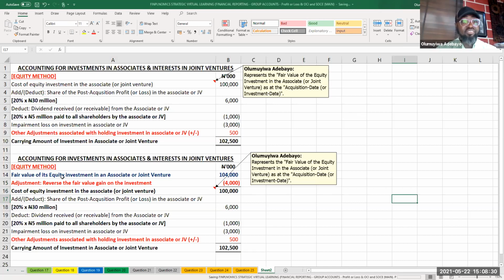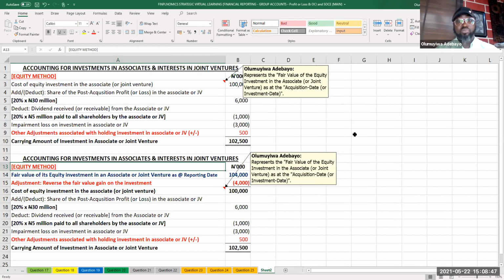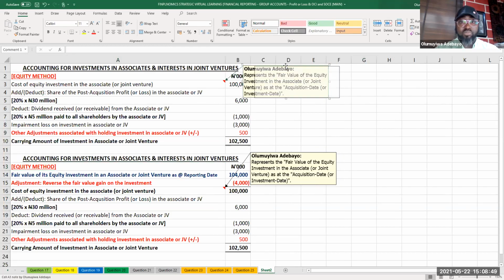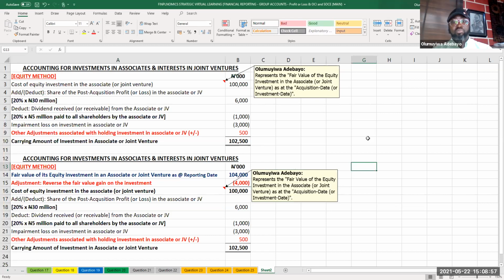This was fair value as at the reporting date, which is now. Does it make sense?